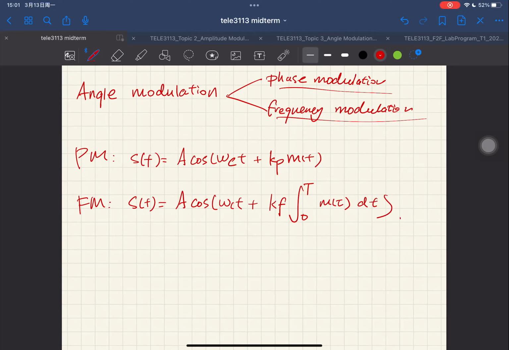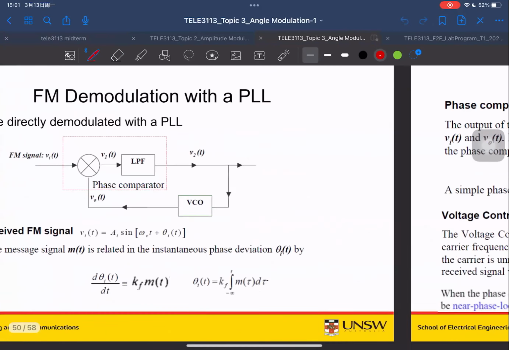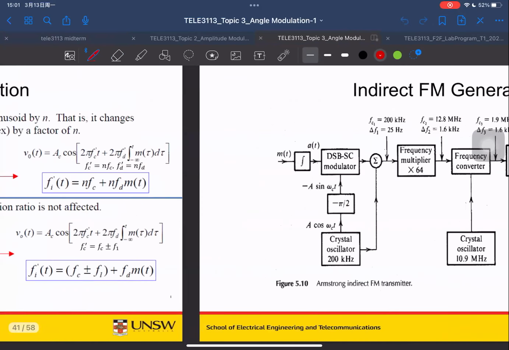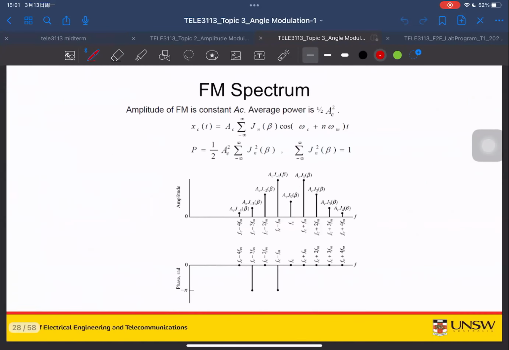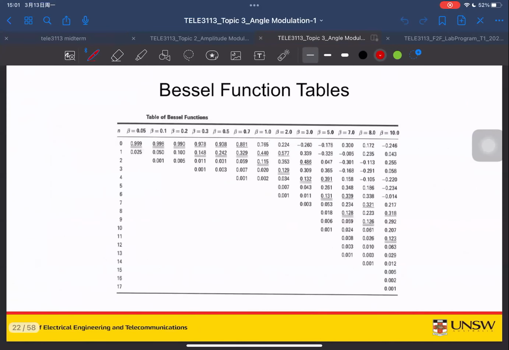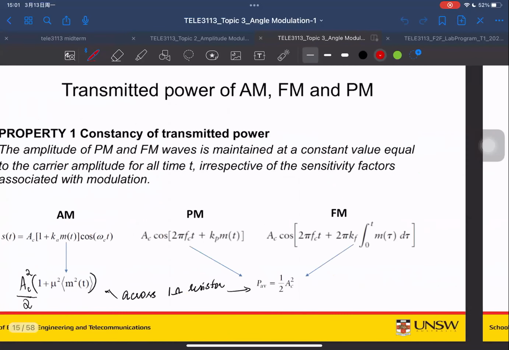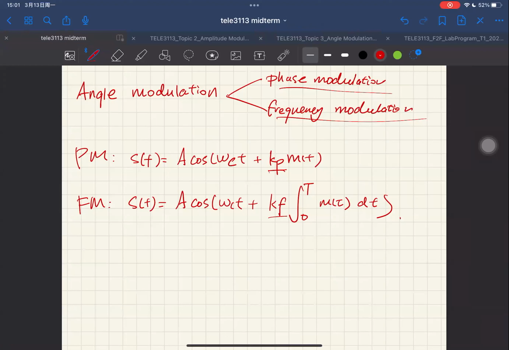Does everyone have questions about the expressions for PM and FM? This is on your lecture slides. K_P and K_F are called the phase constant and frequency constant, or some name I can't remember, but they're just two constants you put into your expression.